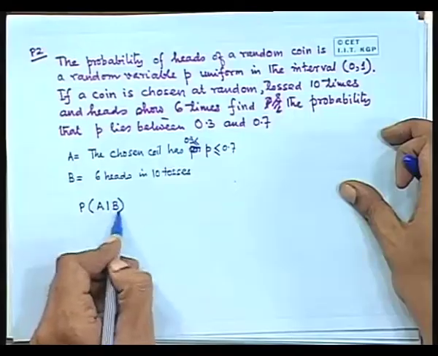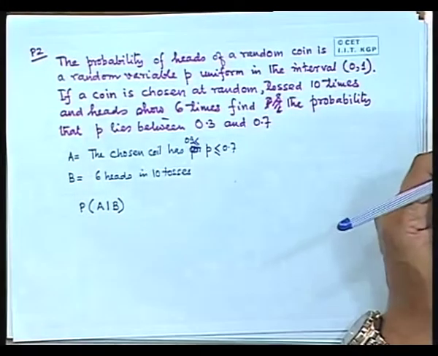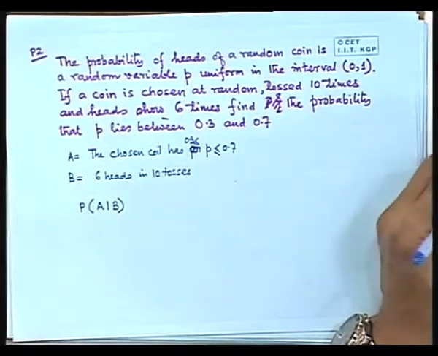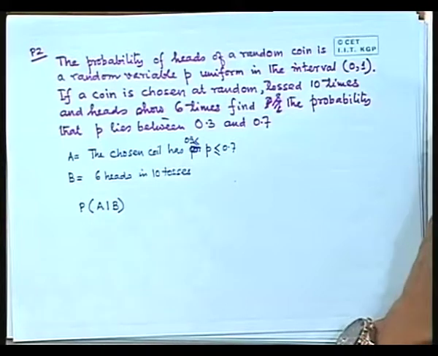Now, what are we supposed to find out? We are supposed to find out the probability of A given B.